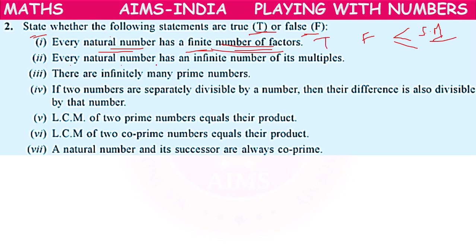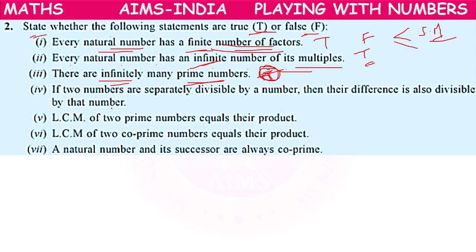Every natural number has an infinite number of multiples. Yes, true, because if we go on multiplying with all natural numbers, multiples keep coming. There is no end to the multiples, so they are infinite. True. There are infinitely many prime numbers. That is also true.